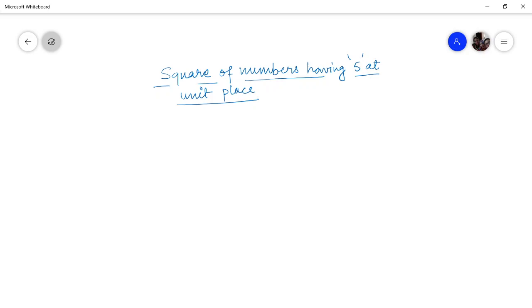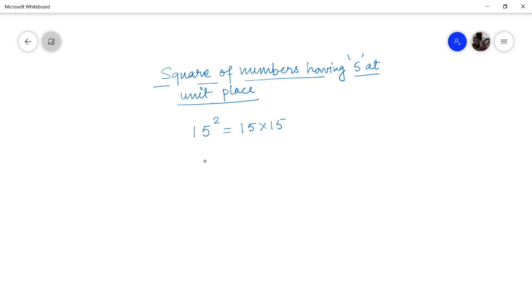So today we will be trying to find out the squares of numbers which are ending in 5. Let us say I want to square 15. 15 squared is nothing but 15 into 15.